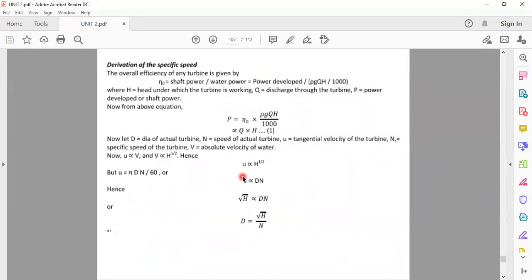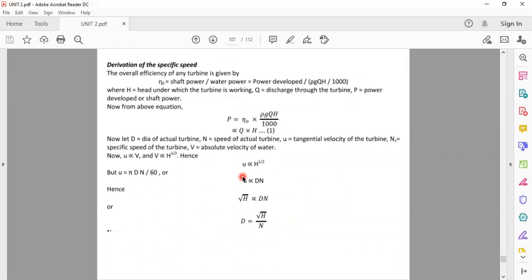Derivation of the specific speed. Overall efficiency equals shaft power upon water power. So the power developed upon the water power, rho g Q H upon 1000.